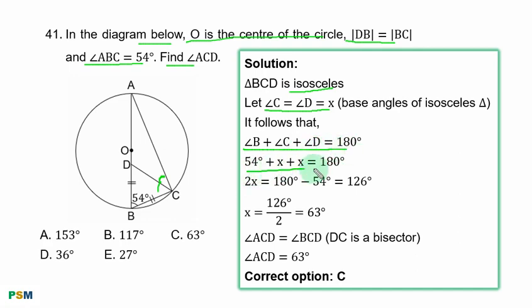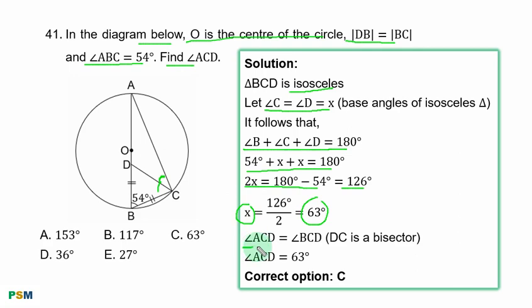You have it in this form, and that is 2S equal to 180 degrees minus 54 degrees, and that is 126 degrees. To get S, divide both sides by 2, and S becomes 63 degrees.